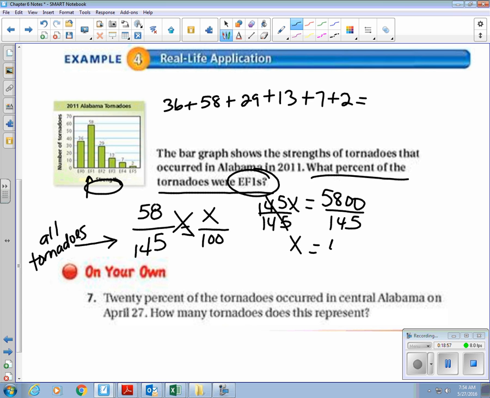I get x is equal to 40. Since it asked for percent, it's 40%. So that means the EF1s were 40% of all the tornadoes that happened in Alabama in 2011.